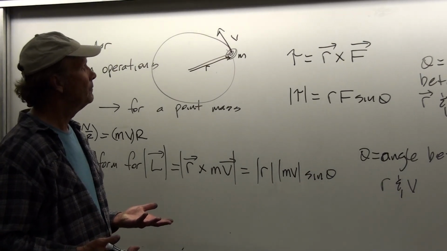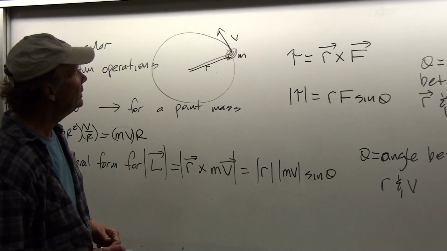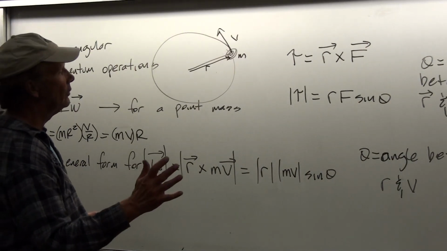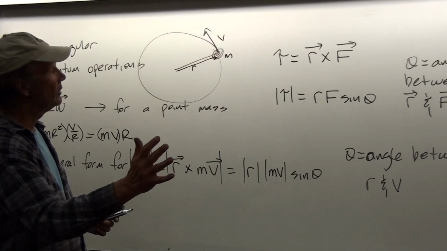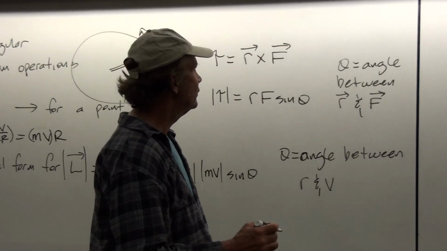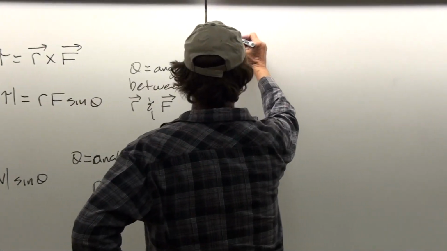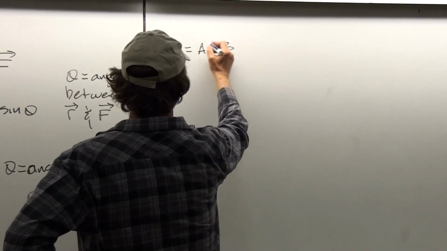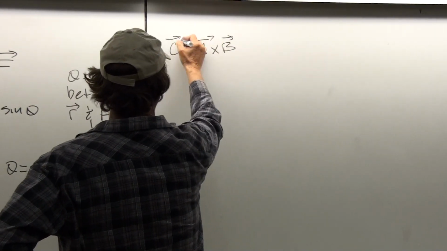Well, the way that you get the direction is by doing what we call a right-hand rule vector cross product. And so the rules, let's just say in general this is C equals A cross B. We want the direction of C.